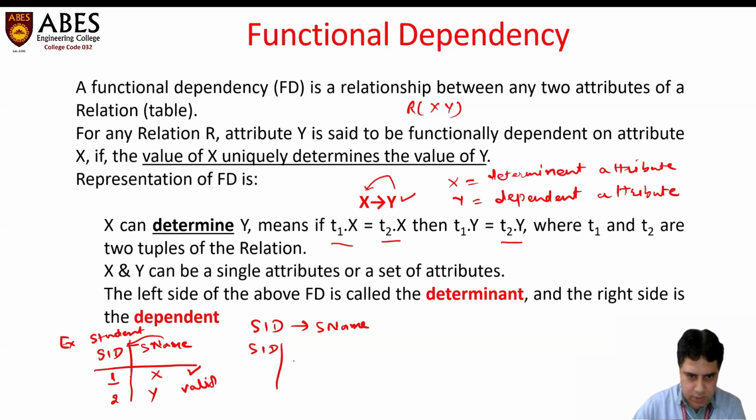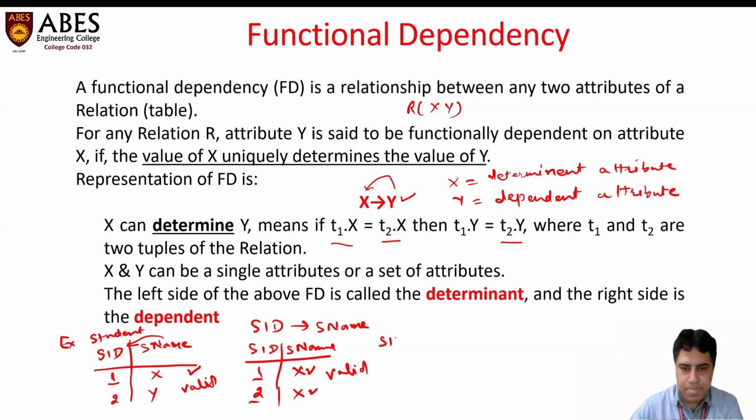The next case: student ID, student name. Suppose there is roll number 1 with name X, and roll number 2 with name X. This is also a valid case. These are two different students, because student name is determined through the student ID, so the student IDs are different for students with the same name.